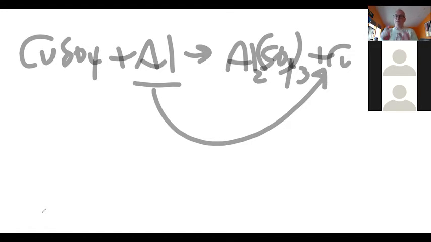If you want one of the reactants to be completely used up and turned into product, what do you need to know about the other reactant?